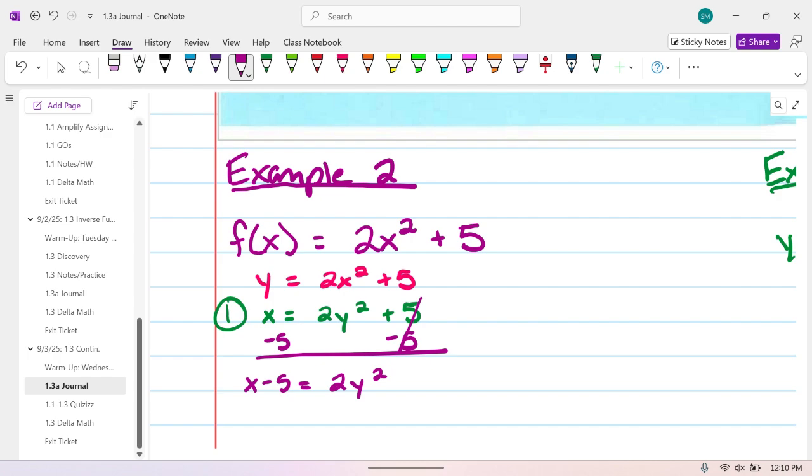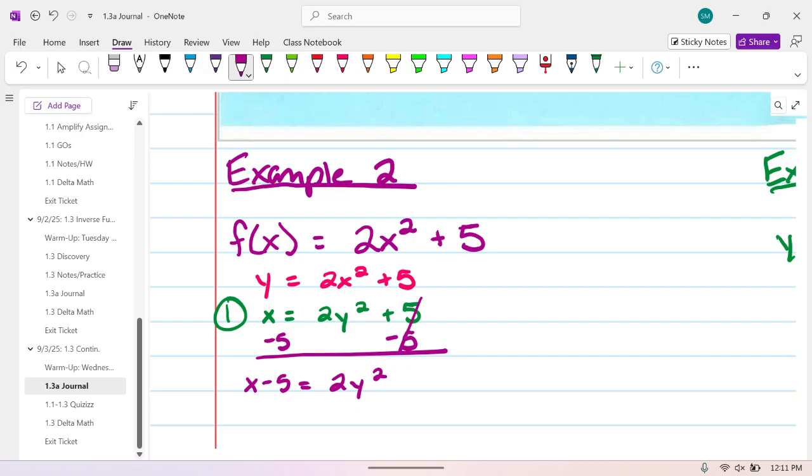Because I can tell you right now, I've seen this 1,000 times, the most common mistake that I see students do is when they get here, they want to take a square root right now. Why can I not do that? Why can I not take the square root yet?